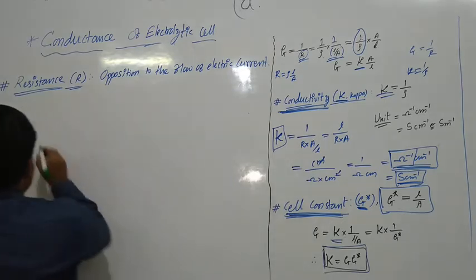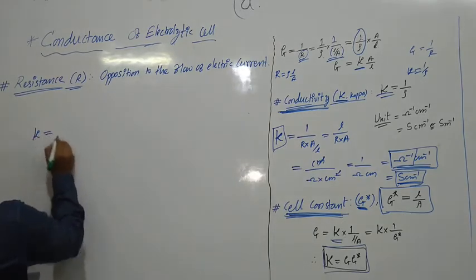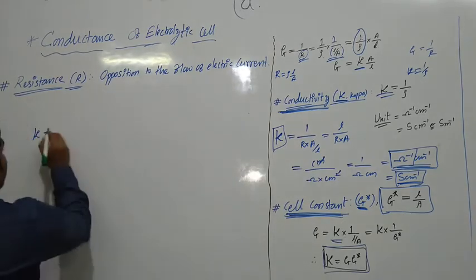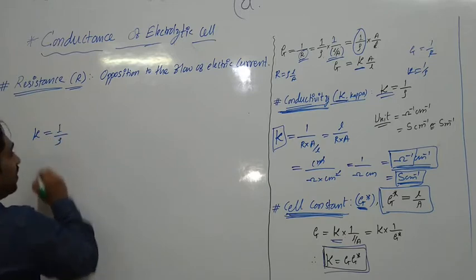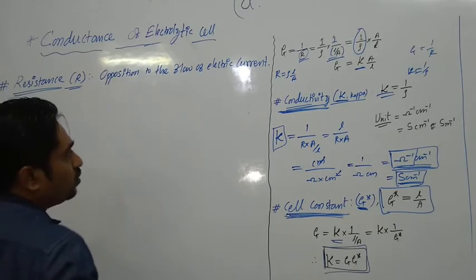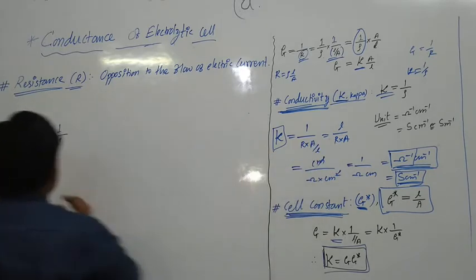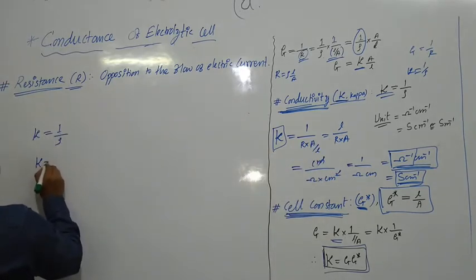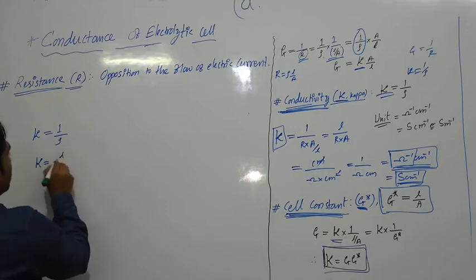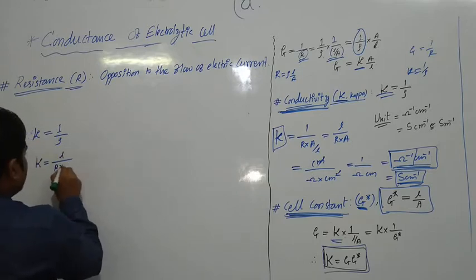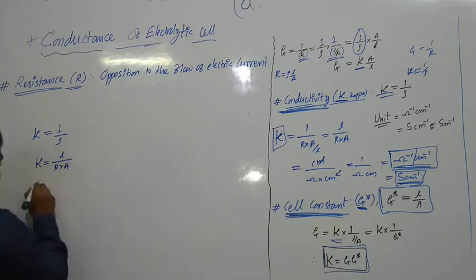Kappa, conductivity kappa, is equal to 1 divided by rho. And rho is equal to what? Directly I will write this thing. Kappa is equal to L divided by R into A.